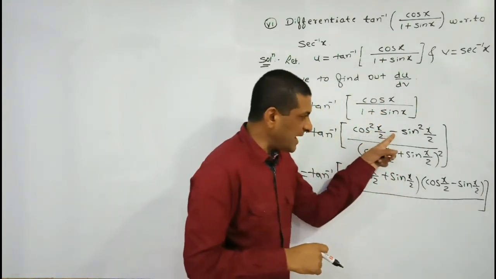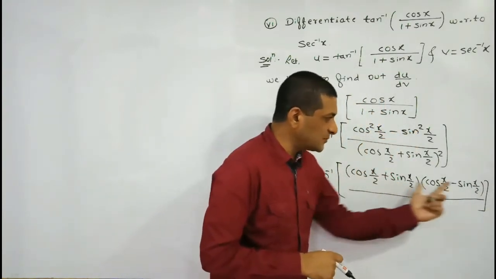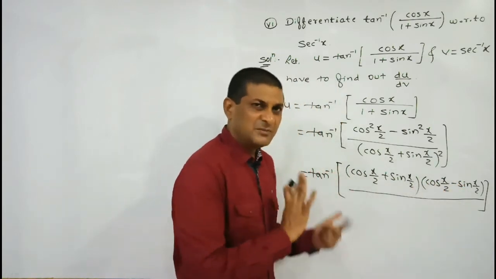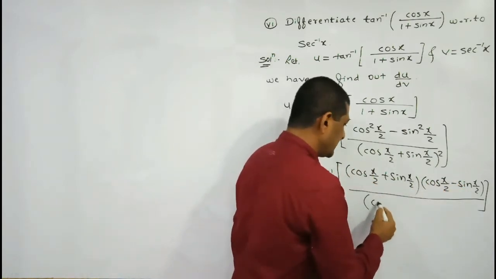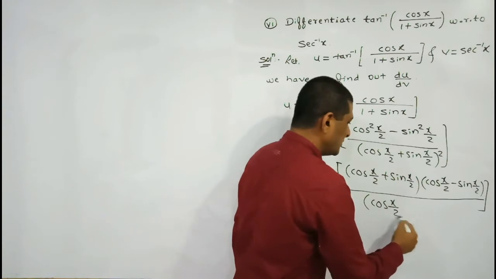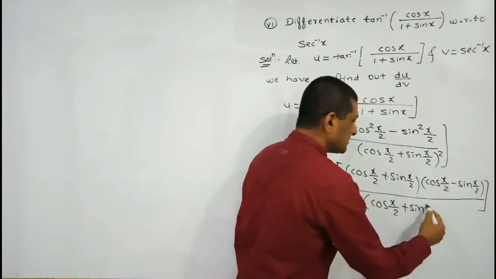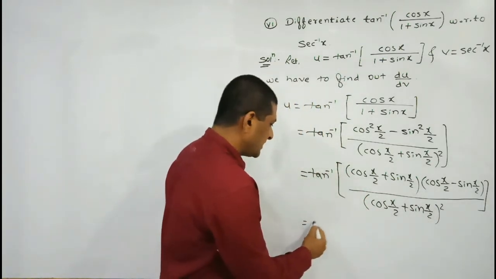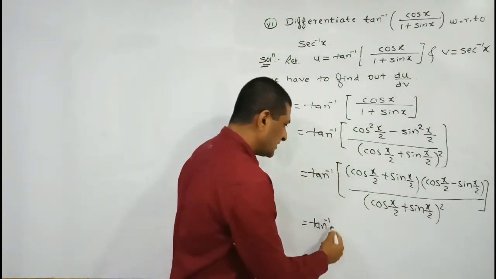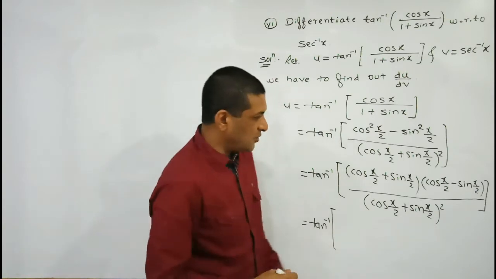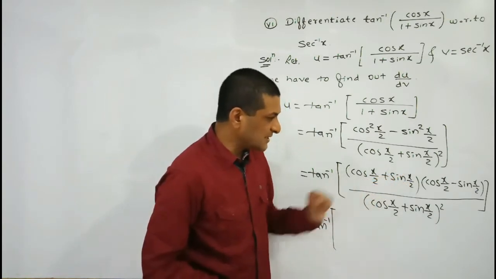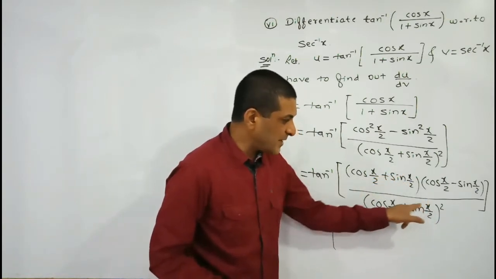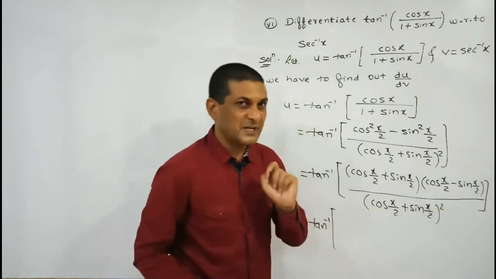A square minus b square is equal to a plus b into a minus b. Keep the denominator as it is. What is denominator? Cos x by 2 plus sin x by 2 whole bracket square, keep it as it is. So here easily we can observe that from numerator and denominator, cos x by 2 plus sin x by 2 and one term of cos x by 2 plus sin x by 2 from the square will get cancelled.